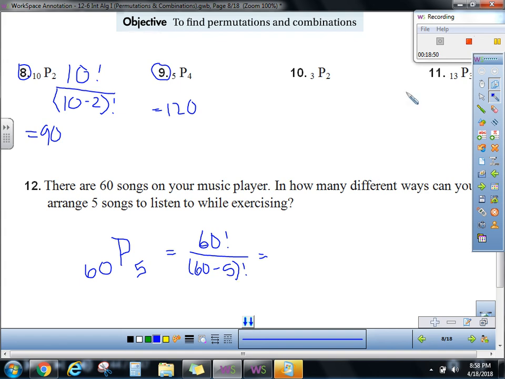So once you've typed that in, you should have the following number. I'm going to type it because it's very long here.